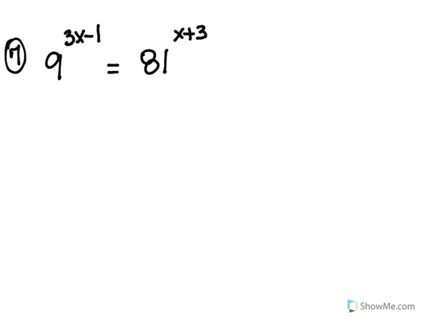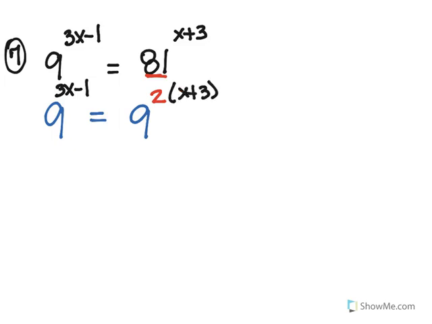But I'm going to use 9. So by using 9, I don't have to change my left side. I'm just going to bring down the 3x minus 1. And then on my right side, to get 81, we're going to raise 9 to the second power. And then in parentheses, there's an x plus 3 as an exponent already on this side.